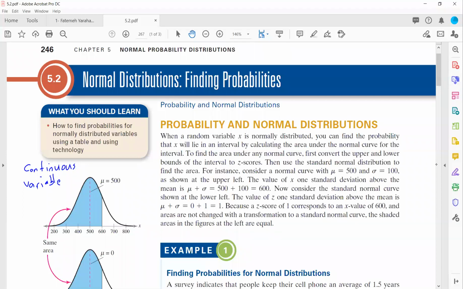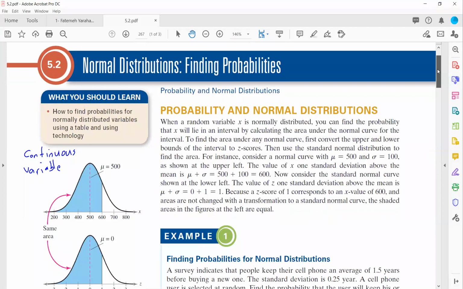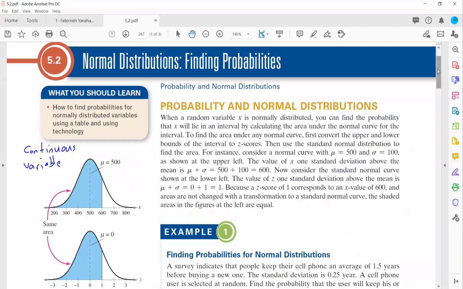following a normal distribution, instead of having a histogram, we can actually have very small bars. We connect these bars together and form a nice and smooth graph. This is a continuous graph.